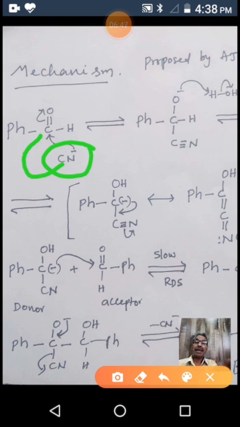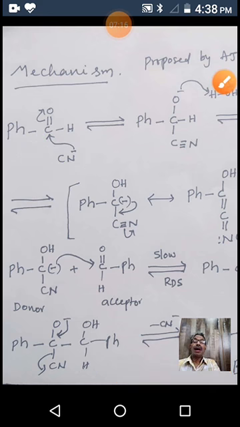It has a minus charge and a donating character. That's why it acts as a strong nucleophile. This nucleophile attacks the carbonyl carbon. We know that the carbonyl carbon is an electrophilic carbon, because of the high electronegativity of oxygen, the carbon acts as an electrophilic center, with a plus charge.